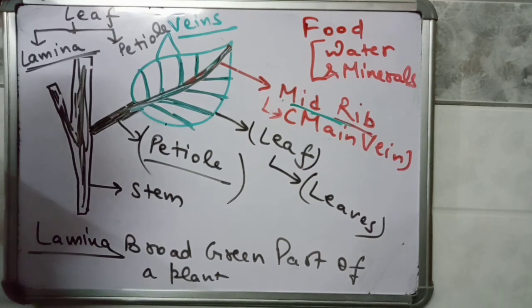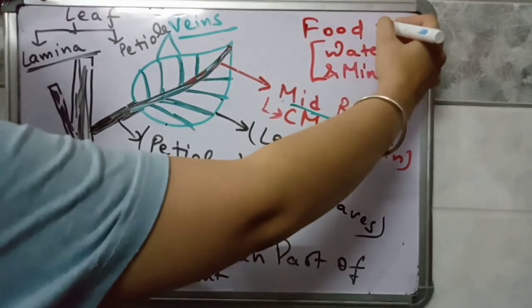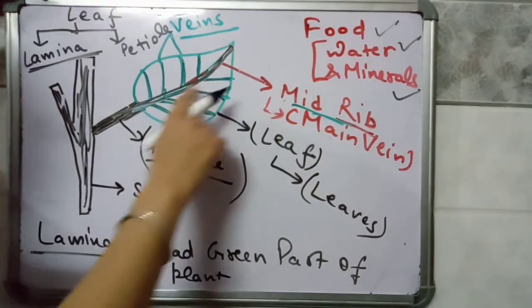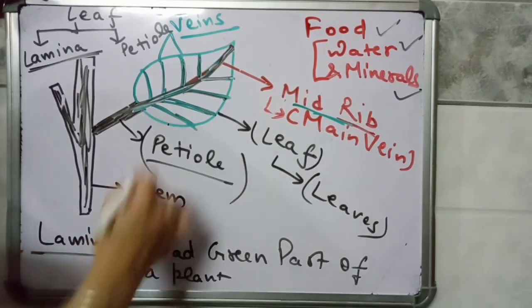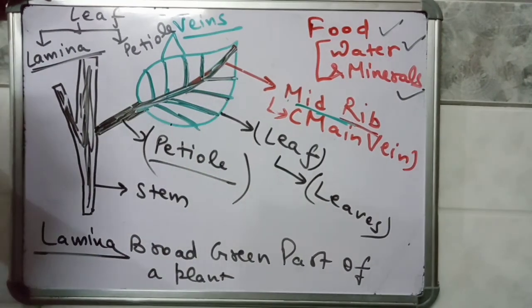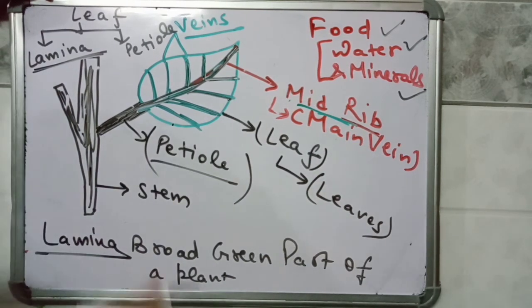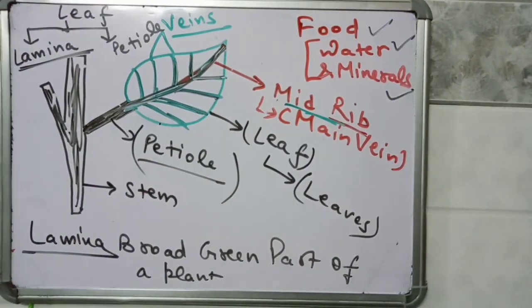Its function is to support the plant and to transfer food, water and minerals. From this main vein several small veins are arising. These are named veins only. They also provide support to the leaf of the plant and also transfer food, water and minerals. Okay, thank you.